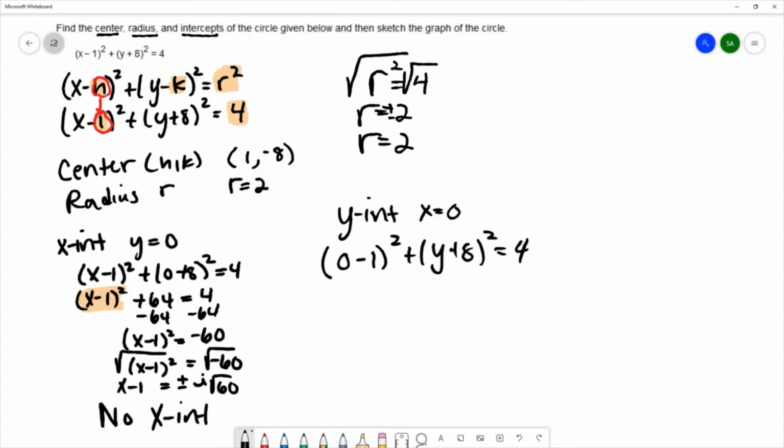Negative 1 squared is positive 1. I'll solve this equation by isolating the square. I'll subtract 1 on both sides. That gives (y plus 8) squared equals 3. I'll square root both sides.